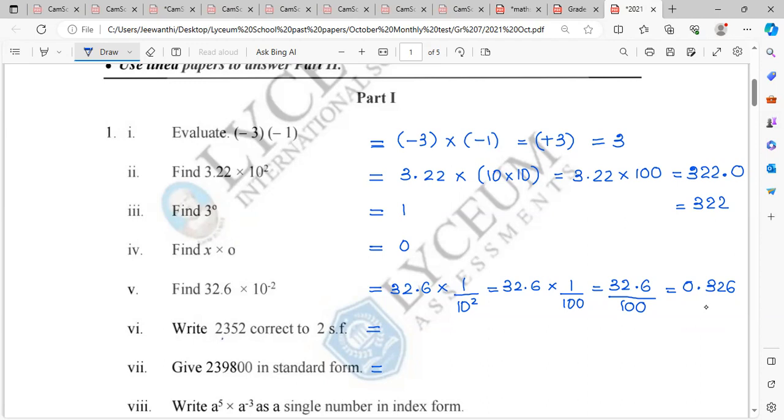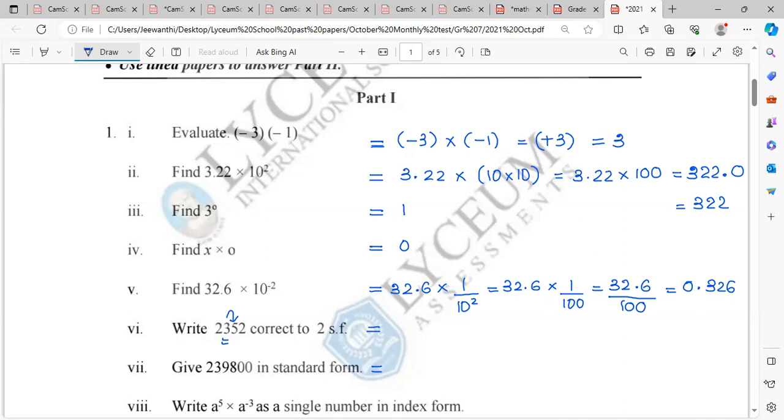So then the next one, you want to correct the number to the second significant figure. First of all, you want to underline the second significant figure, that is 3. After underlining the second significant figure, you want to look at the next digit. If that next digit is 5 or more than 5, we need to add 1 to the underlined number.